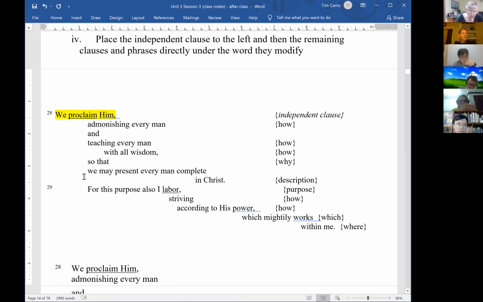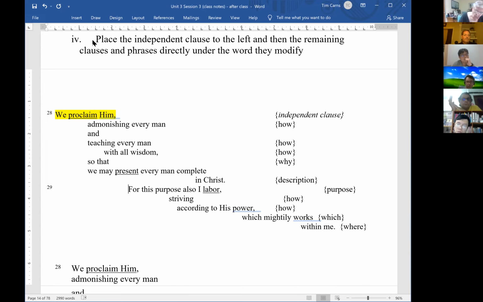It could go back to proclaim, describing the purpose for proclaim, or another possibility is it goes to this verb present, describing the purpose that he presents every man complete in Christ. For this purpose I labor, to present every man complete in Christ. I would say it's more likely going to that verb because that's the nearest one and it makes sense. So as I consider it, I would put it under the verb present.